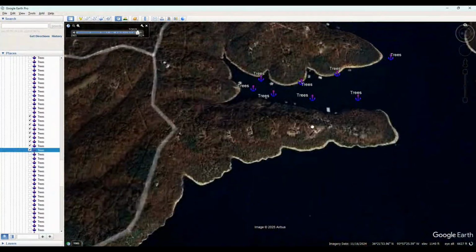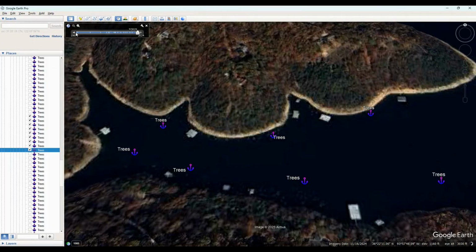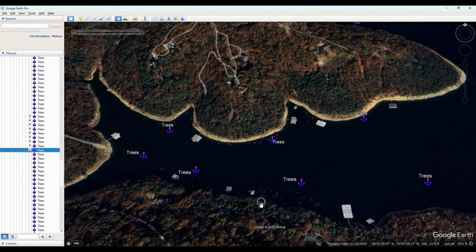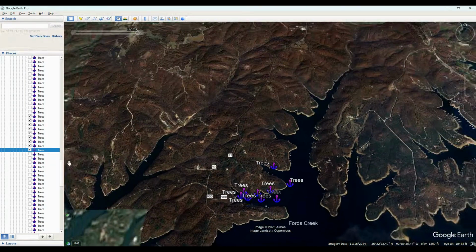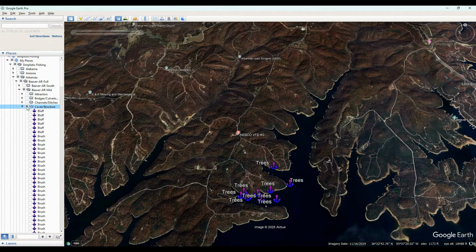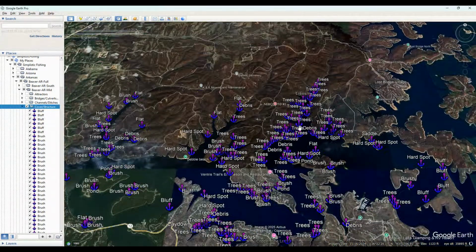So let's say we want to look up at this area. You can't really see much here with this image, but if I move this back, you'll start to see them. You can see all these different clumps of trees. Now there's a lot of trees in this section, and I think there's even more. I can't remember which section had more, but there's a lot in here. You can see all the different trees that are up in here.